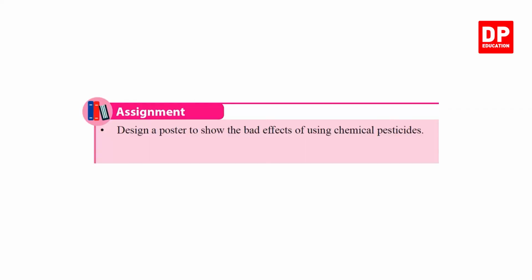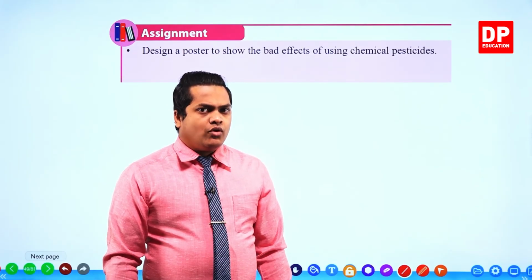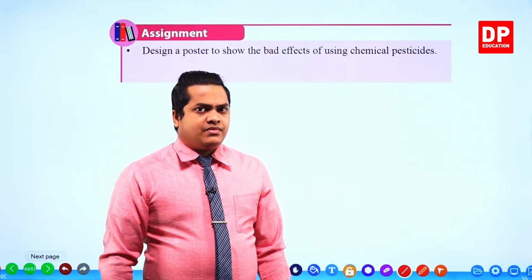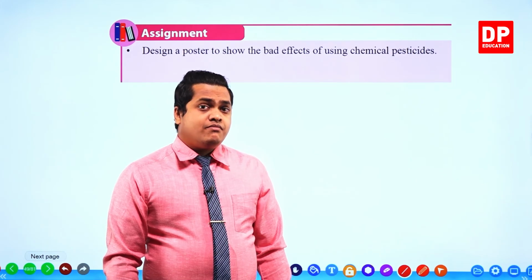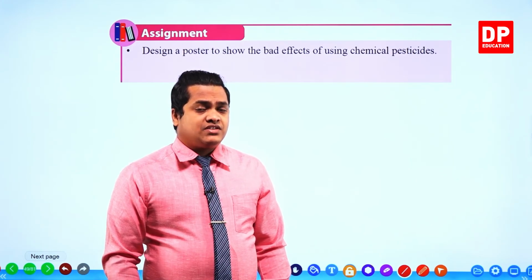Right then, another assignment is given, my dear children. Design a poster to show the bad effects of using chemical pesticides. I told you several bad effects of consuming chemical pesticides. What you have to do at home is a special assignment about these chemical pesticides. Find out their bad effects other than the ones I have told you.